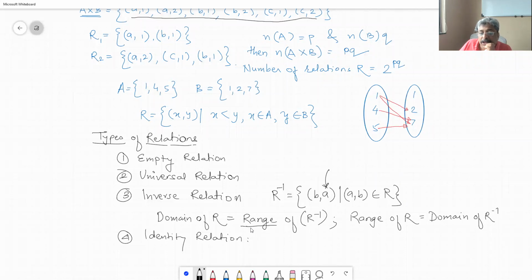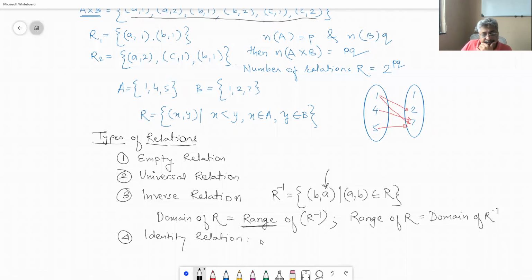Range is all the values in the codomain which are attained. So when we are talking about R inverse, that means we are moving from set B to set A, and all those values which are attained by R inverse is the range. Thank you. Okay.